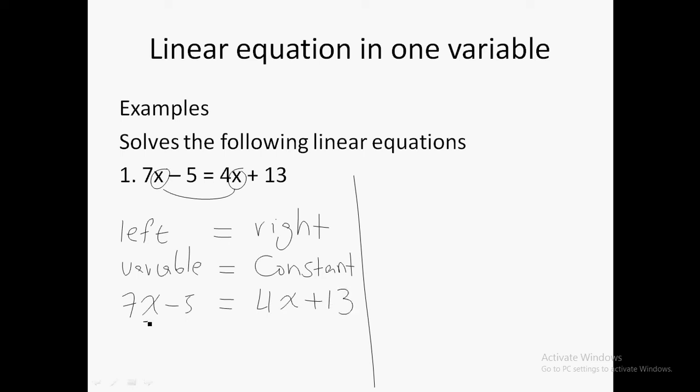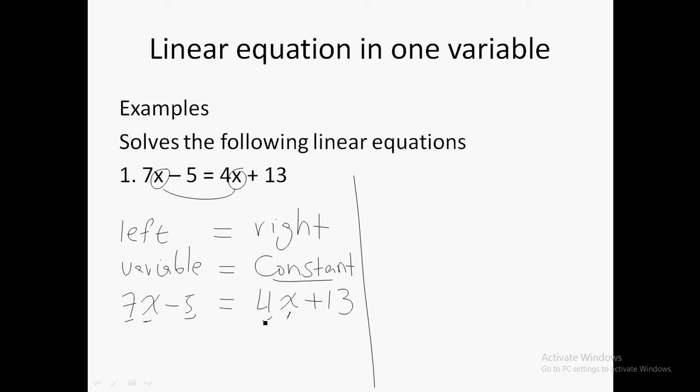This is the variable that we need on the left side, but we have now the coefficient and constant. We have to remove the constant and the coefficient. Here only the variable must be left, and here we need a constant, so the variable must be removed, with the coefficient, right?